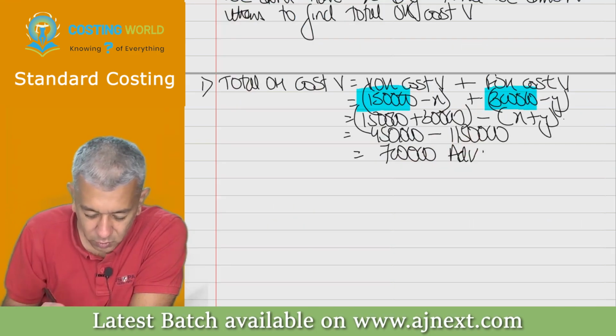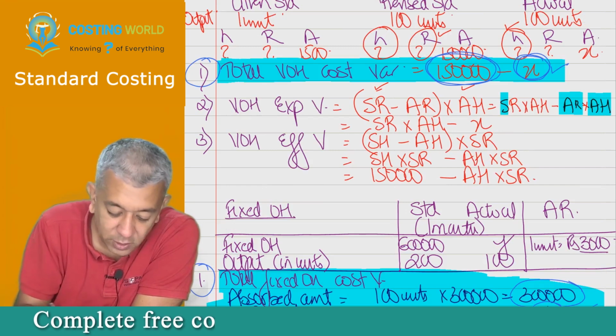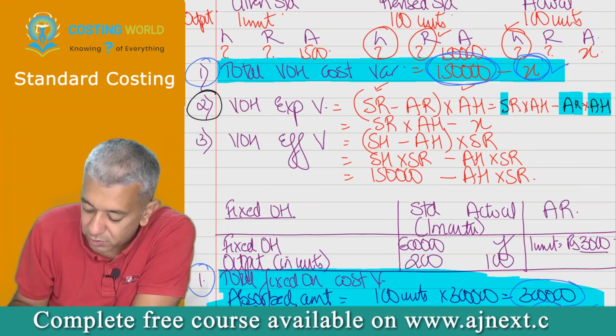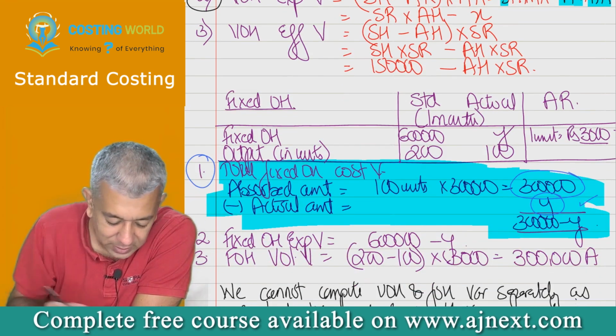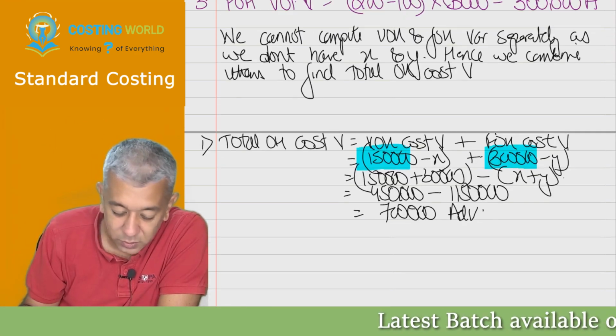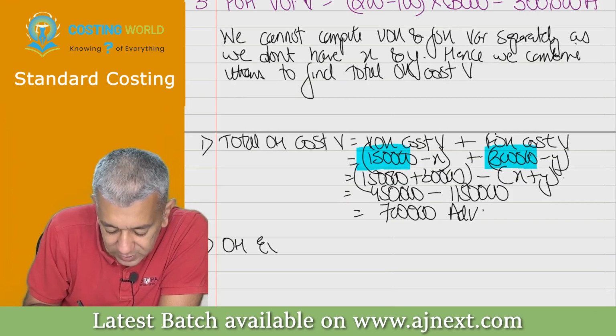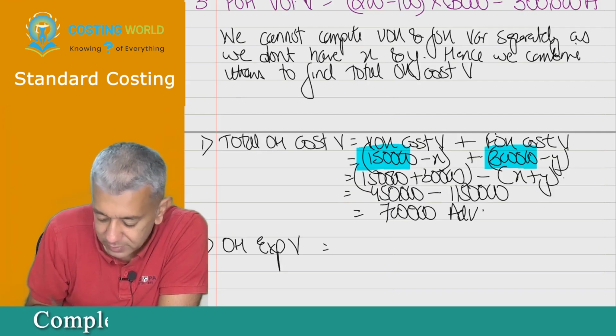Okay, now there is a problem. Let's see that problem. Obviously, your expense variance is going to be merger of this particular thing, and in this case, your merger of this particular thing. Let's try to the best we all can here. Okay, so write down second. Overhead expenditure variance.